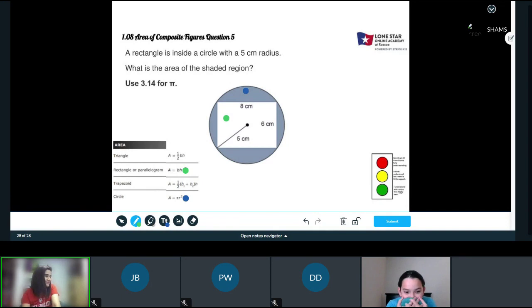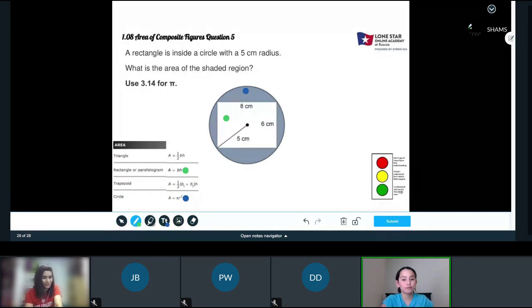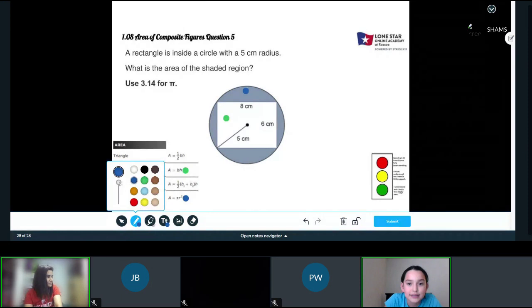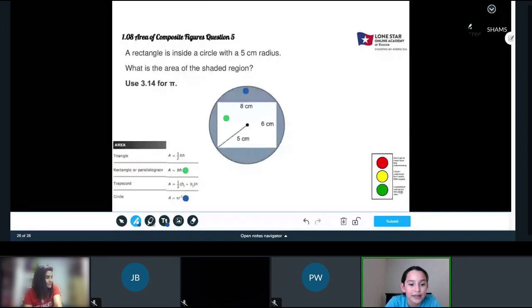Go ahead. Okay, since you already marked them, like to color code them, you showed that the blue mark is a circle and the green mark is the rectangle and parallelogram. But I usually start with the middle first that's not shaded.